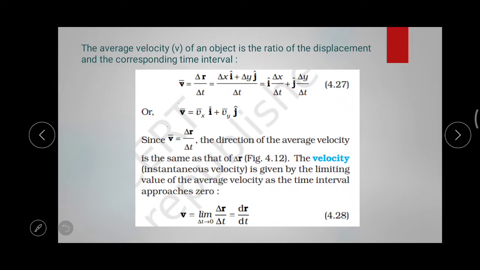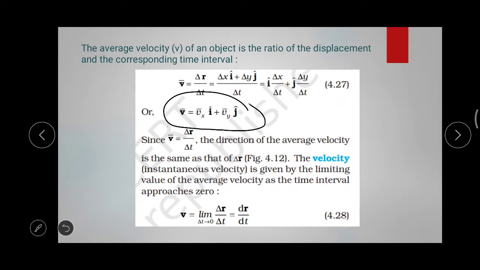So the average velocity in vector notation is v bar equal to v bar x i cap plus v bar y j cap. The average velocity is always the displacement divided by the time interval.